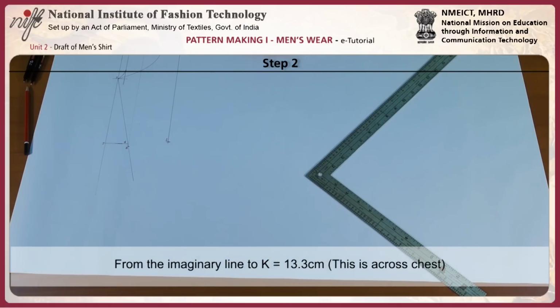From the imaginary line to K is 13.3 centimeter, which is across chest.